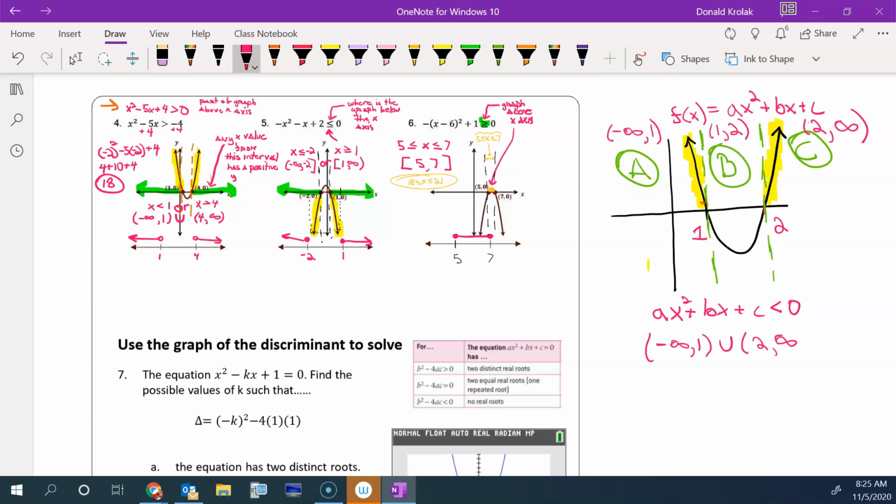Then you're looking for the part of the graph that is negative. The graph is less than 0 because it's below the x-axis. So the interval where the y values are below the x-axis, or less than 0, would be between 1 and 2.